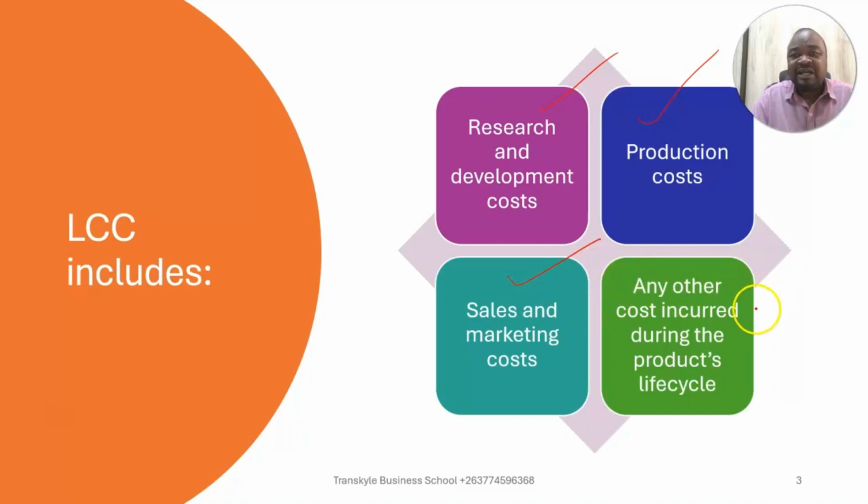Then any other costs incurred during the product's life cycle, for example, administrative costs or the costs towards the end of the life of the product, end of life costs or decommissioning costs. Okay, decommissioning costs, they are also included in the cost of the product.